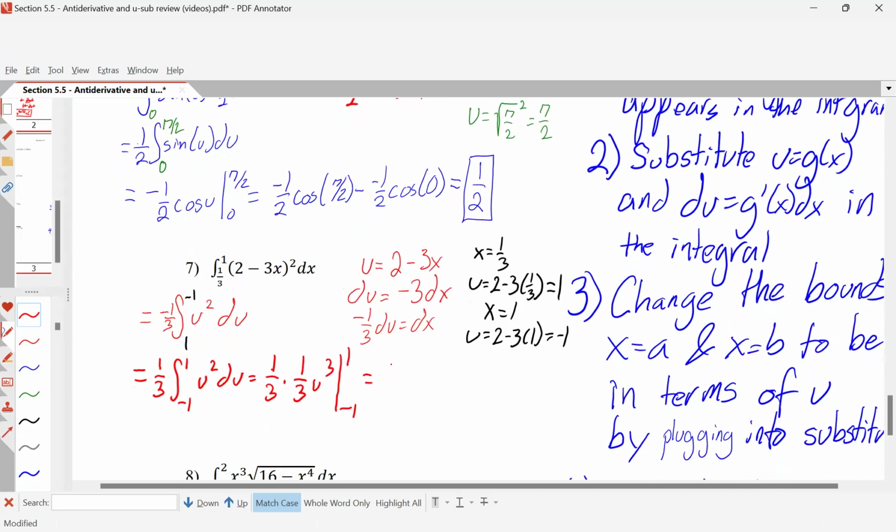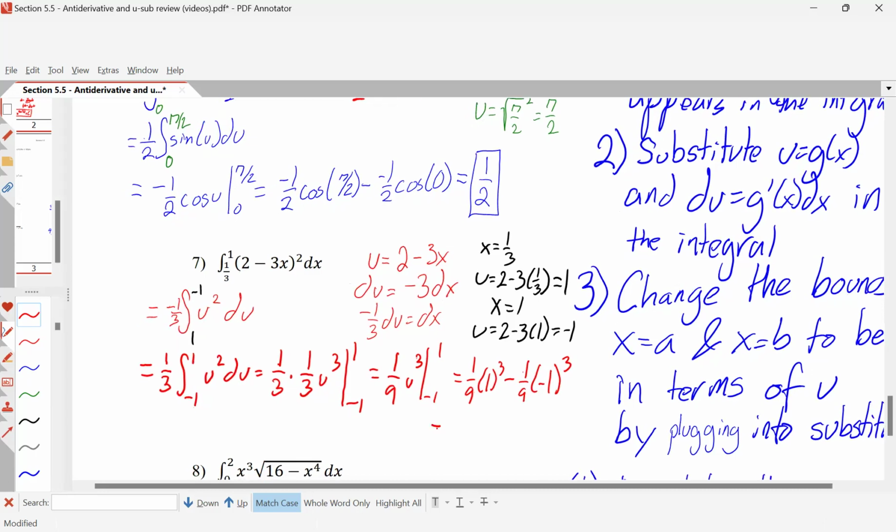Multiplying 1/3 times 1/3, we get 1/9 u cubed from -1 to 1, or 1/9 times 1 cubed minus 1/9 times -1 cubed. -1 cubed is -1, so we really have 1/9 plus 1/9, which is 2/9.